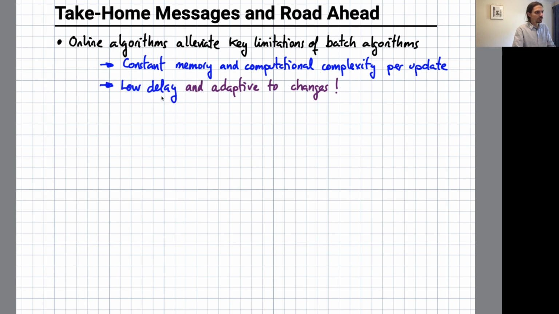Another benefit is the low delay. We don't have to wait to collect all the data. And there's even another benefit that we didn't discuss, and that is adaptivity to changes. So, for instance, with the LMMSE estimator, we assumed that the parameter that we wanted to estimate remained constant over time. But if it changes sufficiently slowly, right, then we can still apply the LMMSE estimator, and we will obtain reasonable estimates.